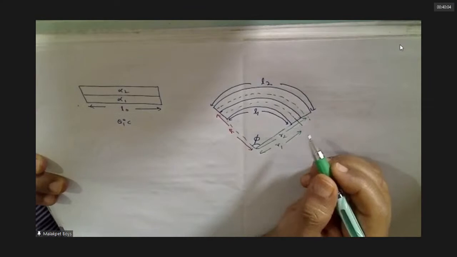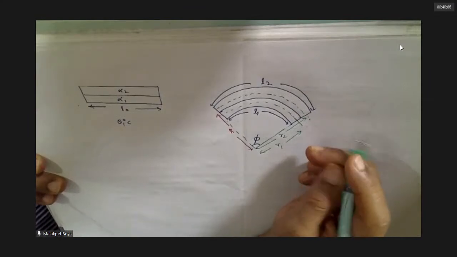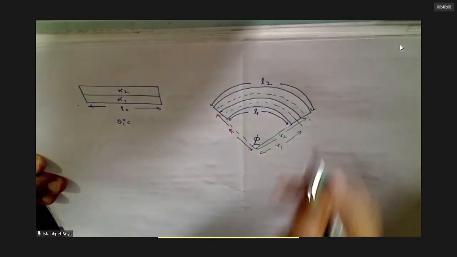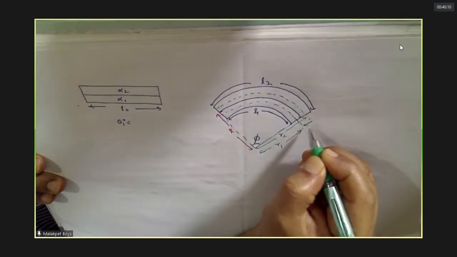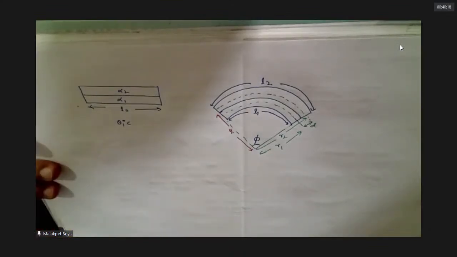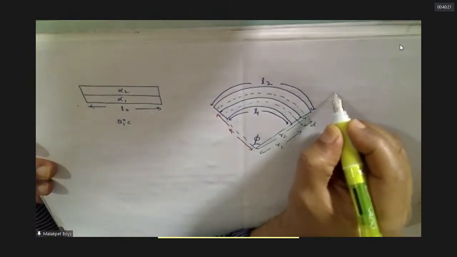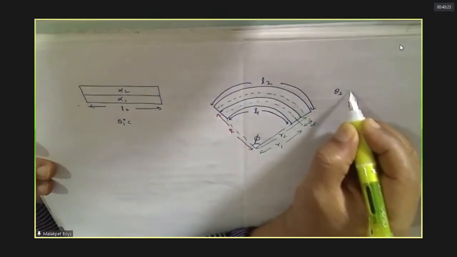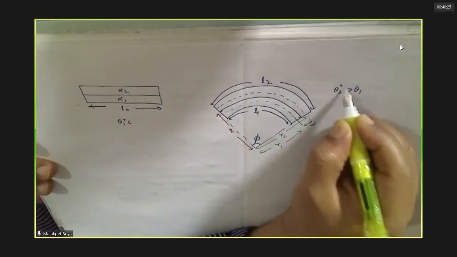Agreed, sir. And this distance is taken as D. This is what we have marked over there. Agreed? So here at higher temperature, theta 2 greater than theta 1 degrees.